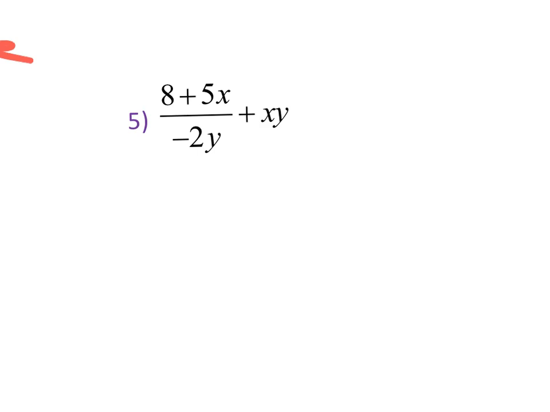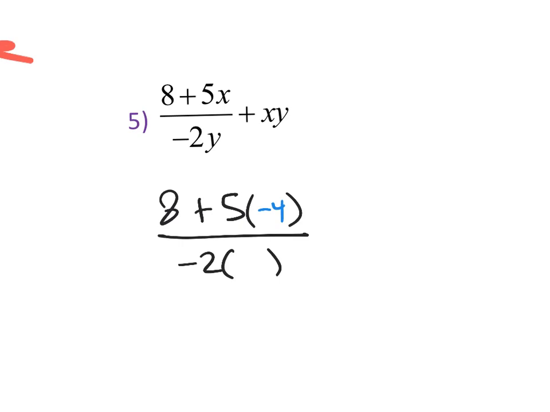So 8 plus 5 times -4 over -2 times 3 plus x is -4 and y is 3. So again, notice I've just replaced all the x's and y's with -4s and 3s. And now I'm going to evaluate.